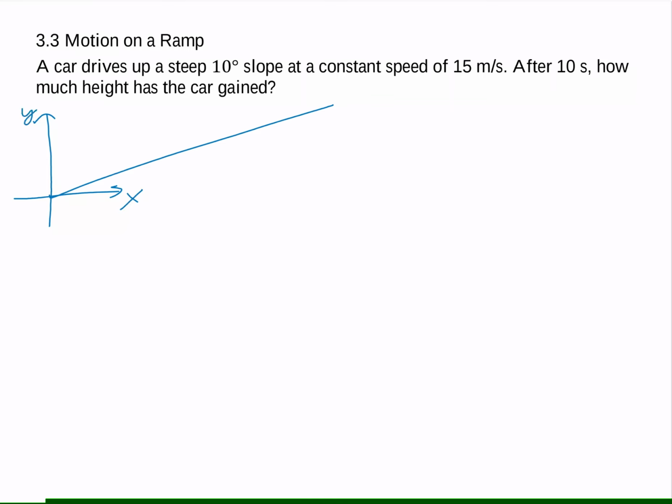We have X and Y this way, a 10-degree slope, like so. We have a car, and later on, we're up here.